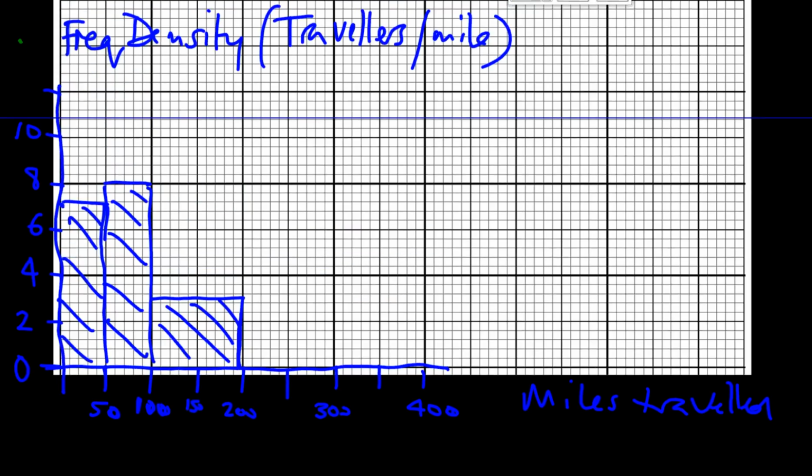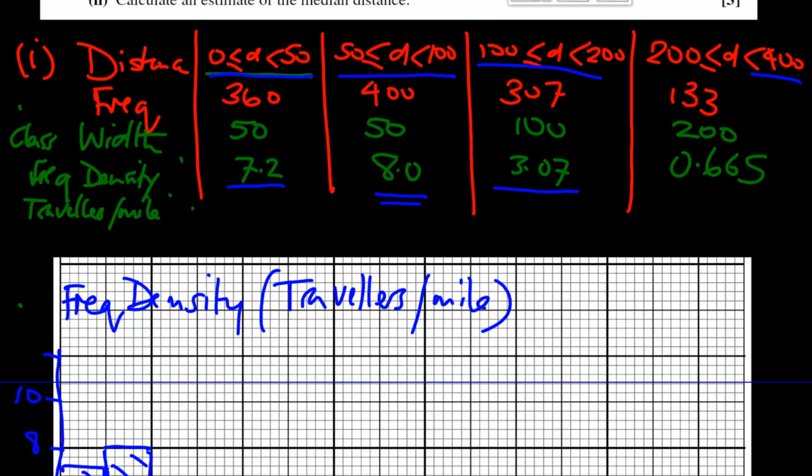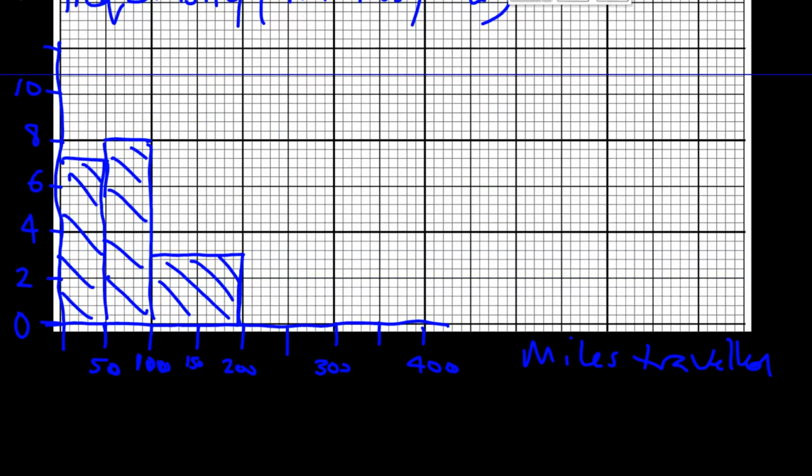And finally, we've got the range 200 to 400, and we're down to 0.665. So 200 to 400, oops. You, of course, will be doing all of this neatly with a ruler. But basically, there's our histogram.